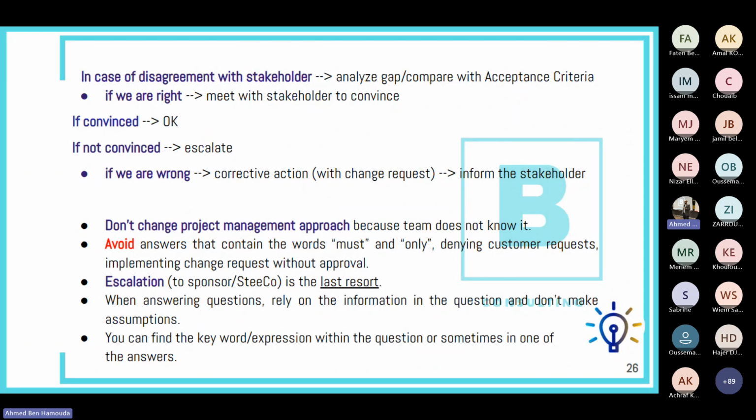Don't back off. Don't change your mind. Just provide training, coaching, help the team understand agile and adaptive, but don't change the project management approach just because the team doesn't know it.